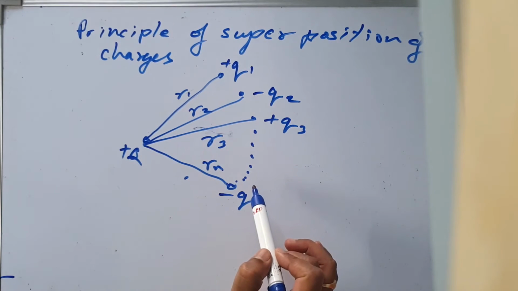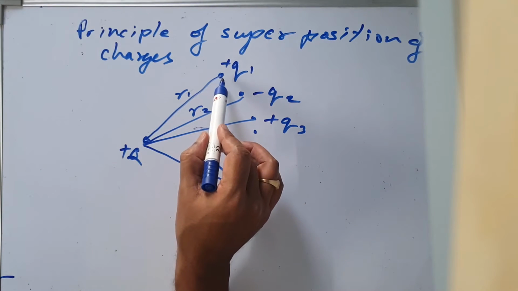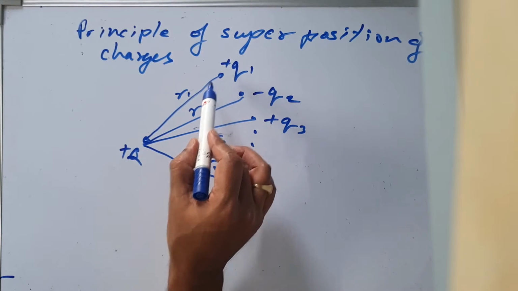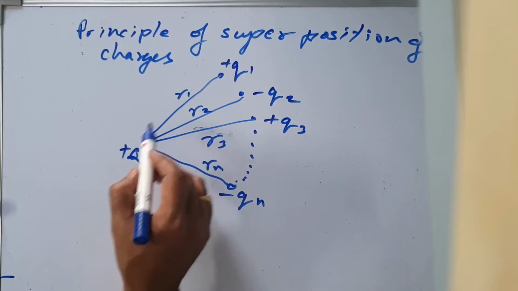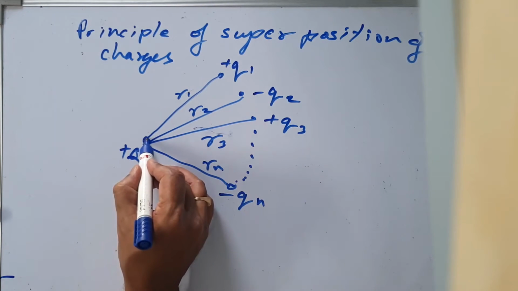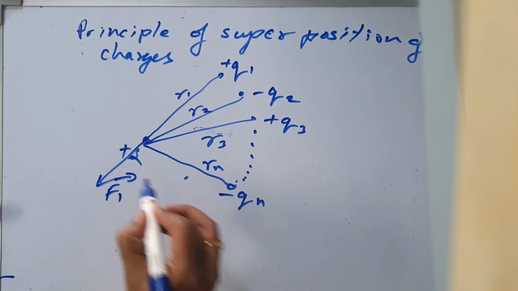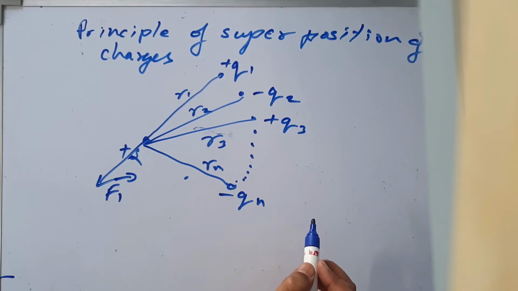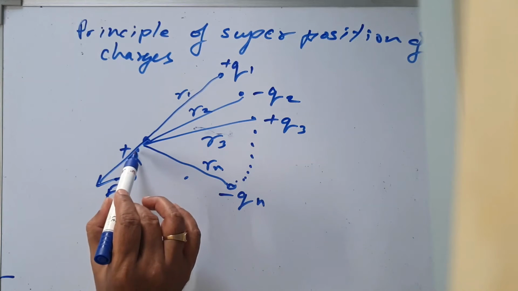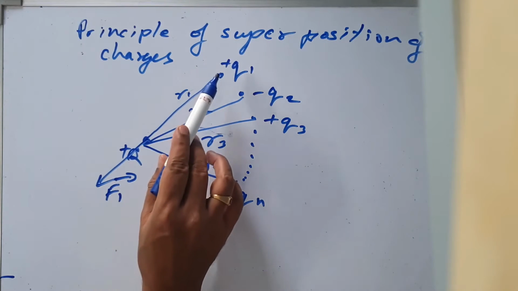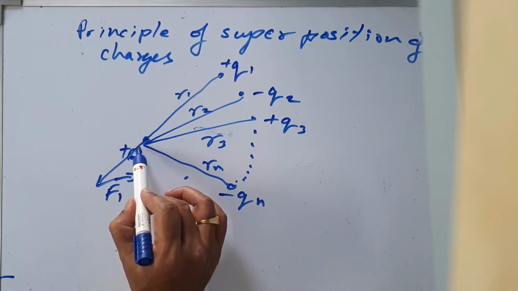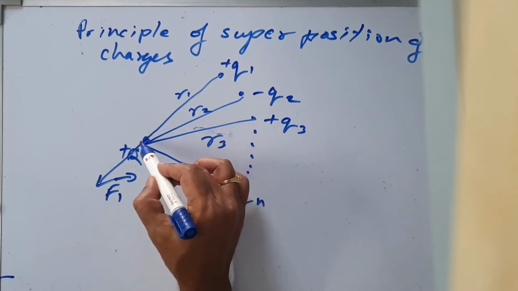of charges, point charges. Due to the first charge q1, the force acting on q, both being positive, will be repulsive, and it will be in this direction, F1. What is F1? It is the force acting on charge plus q due to plus q1. Now, the force acting on plus q due to minus q2 will be attractive.